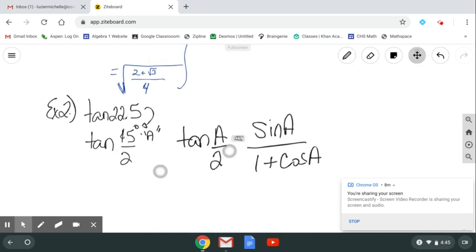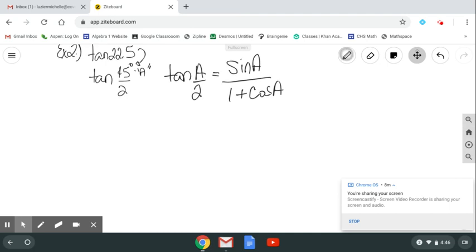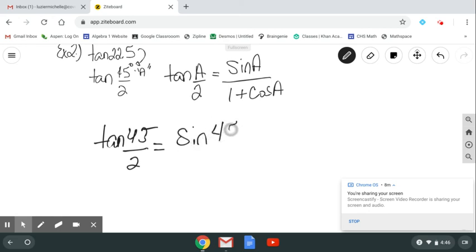So our A is 45. Wherever we see A, we're going to substitute in 45 degrees. So tangent of 45 over 2 is equal to the sine of A, following my formula, A is 45 degrees, over 1 plus the cosine of 45 degrees.